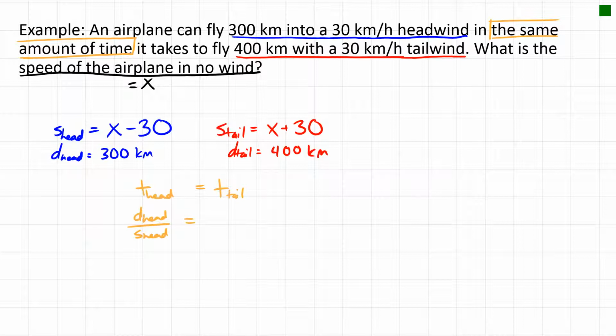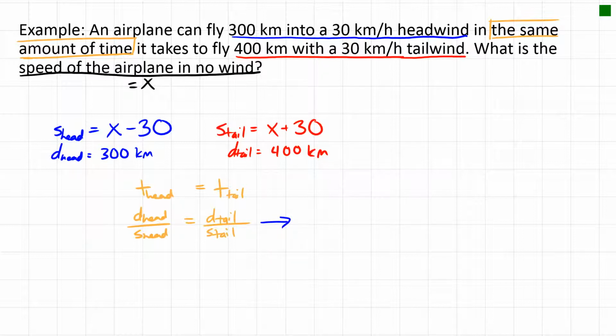And I want to replace time because all I know is that the times are equal, but I have no values for the time and I'm not asked to solve for it. So if I replace the times with the distance into the headwind and the distance into the tailwind divided by the speeds, now I have an equation which I can replace with all my values and solve.